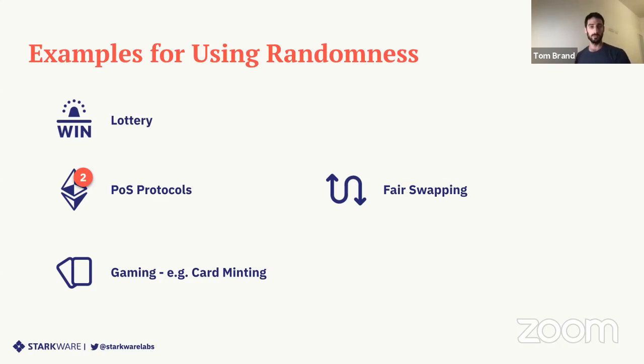The first one is just a lottery application. Assume users want to buy some tickets, and then we need to choose a winner. We want to make sure that the randomness we're using to pick this winner is secure randomness. A nice example for this kind of application is Pool Together, which are also participants in ETHOnline, and we're working closely with them on VeeDo.